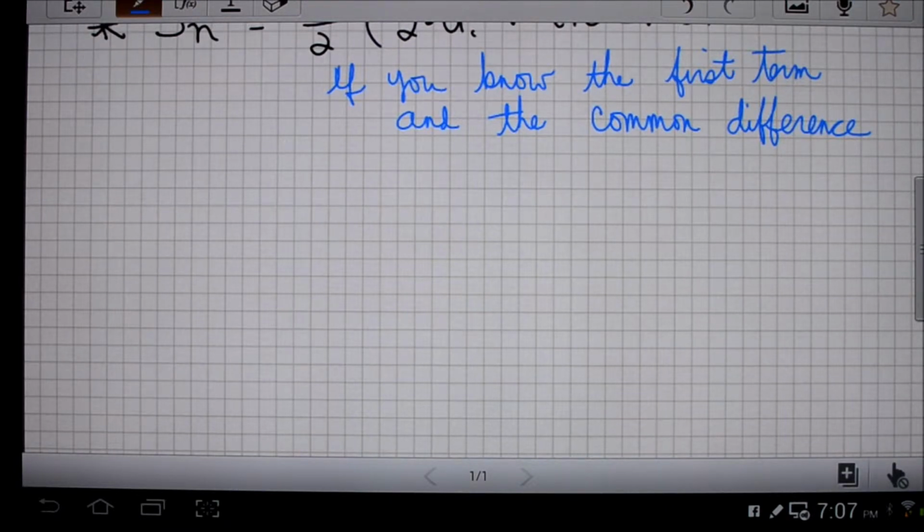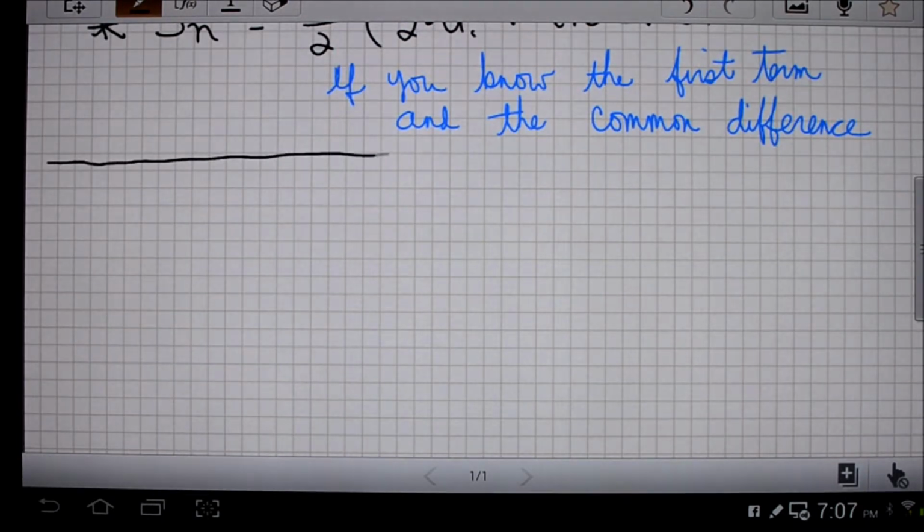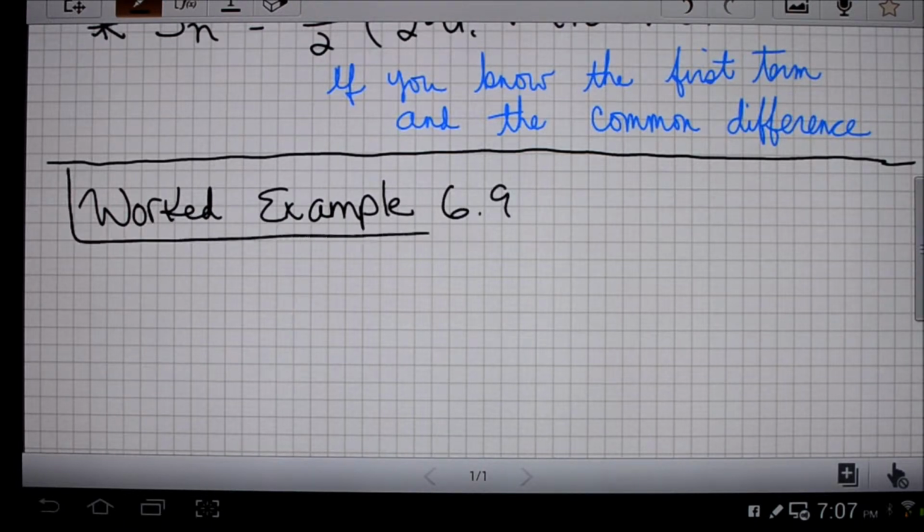Okay, so let's just jump right into one of the examples. You have to decide each time which formula you're going to use based on the situation that they give you. So worked example 6.9. This is on page 142.